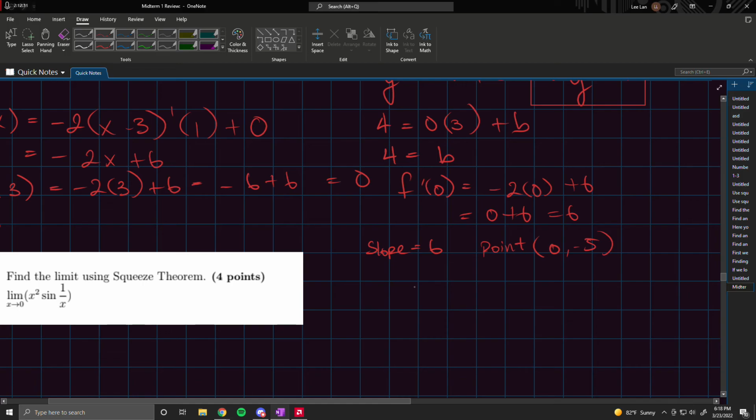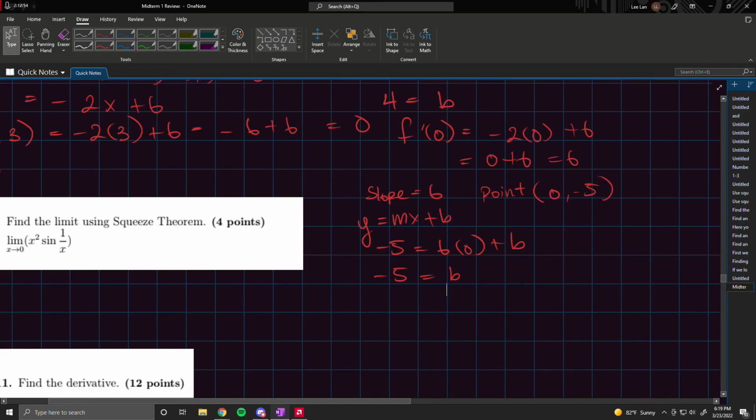And so we can find the equation of the line using these two pieces of information. y equals mx plus b, so negative 5 equals 6 times 0 plus b. 6 times 0 is 0, and so b equals negative 5.